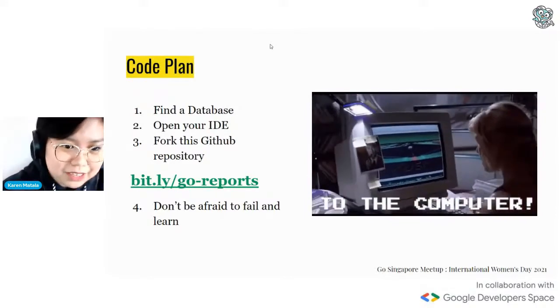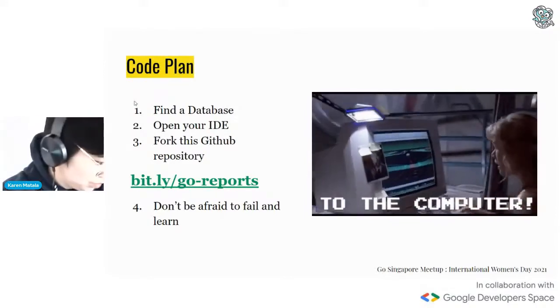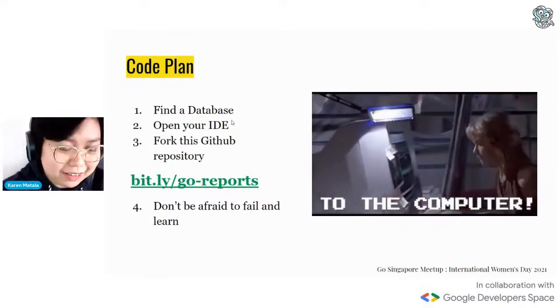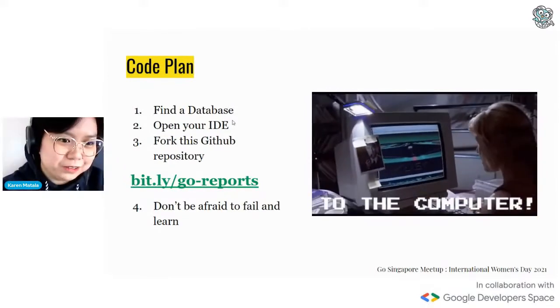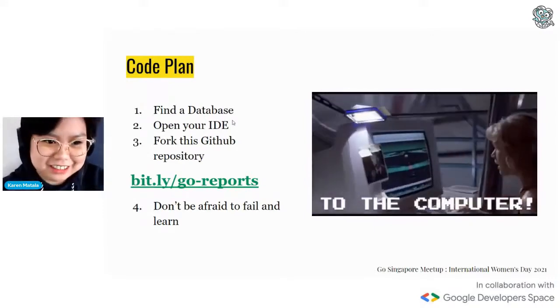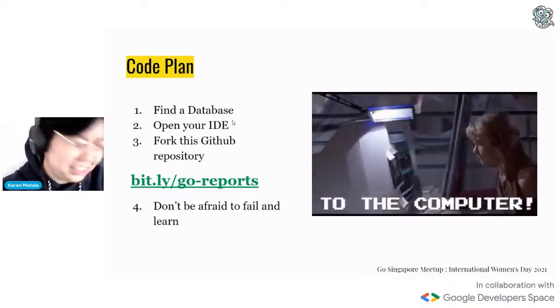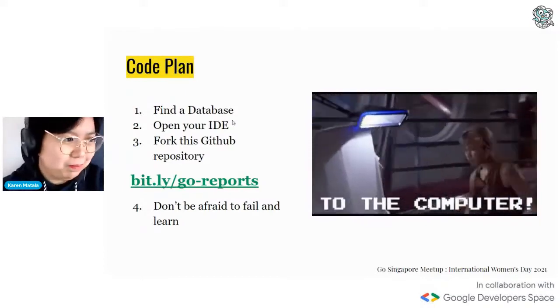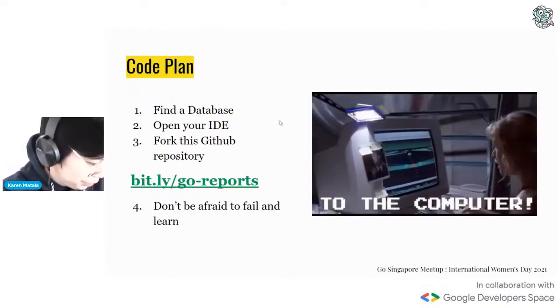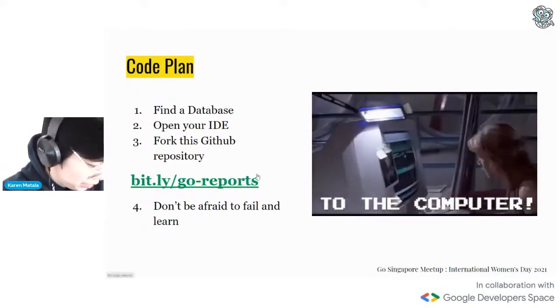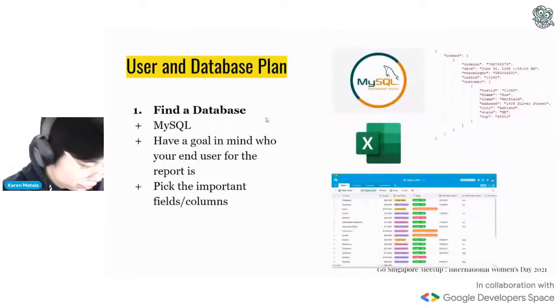Third would be forking this GitHub repository. So let's head on to that. And number four is don't be afraid to fail and learn. So I would echo Angelica's point wherein you just need to dive in and don't be afraid to fail. So to the computer. So let me just head on to the GitHub repository.